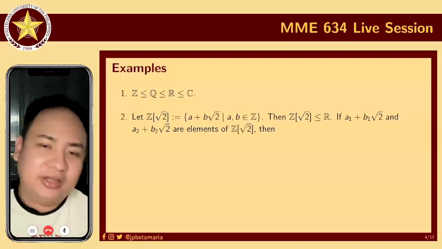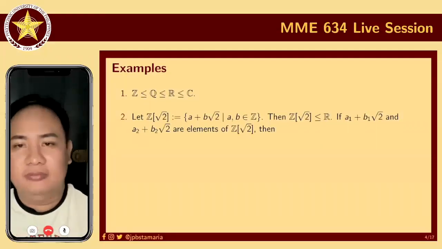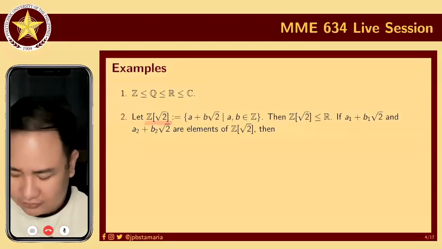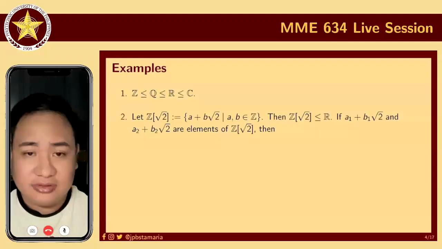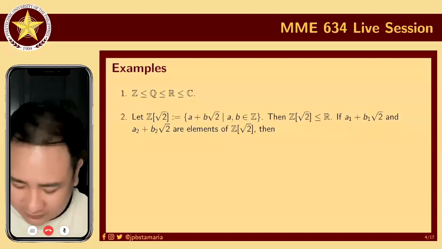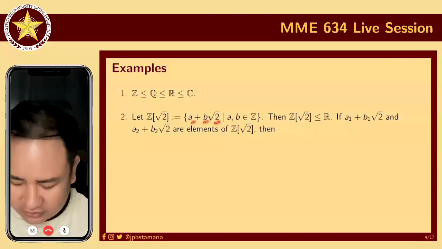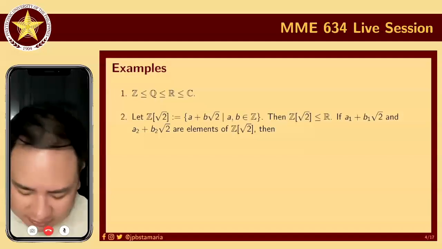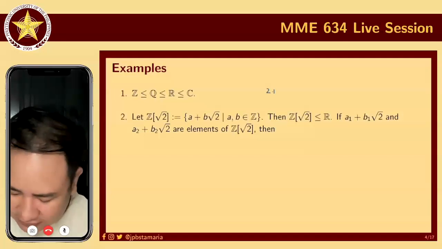Bigay tayo ng example na iba. Okay. Pag nakita nyo itong symbol na ito, what I mean by this are the real numbers of the form a plus b square root of 2, where a and b are integers. Halimbawa, 2 plus 3 square root of 2, nandyan yan sa set na ito.